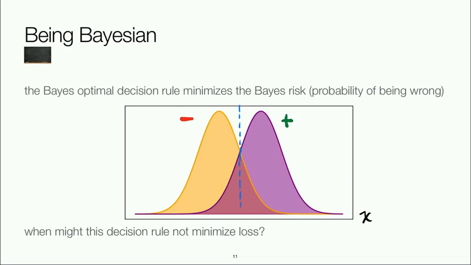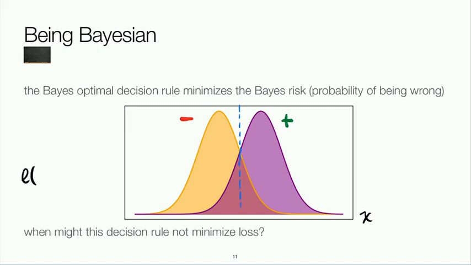So if, for example, I have the case where my loss function L, for, let's say the true label is minus and my predicted label is plus, and like I said, maybe in this particular example this is bad but not the end of the world, and this does not equal the loss of the true label being yes, you have this disease, and the predicted label being no, you do not.